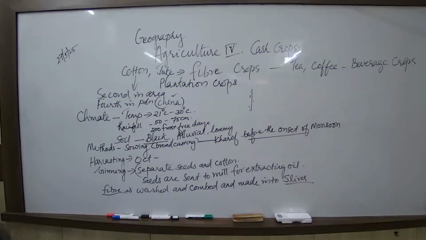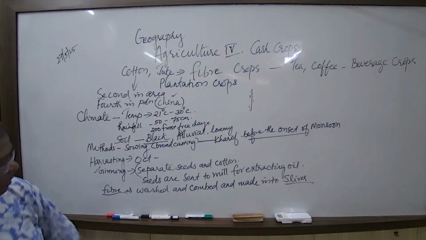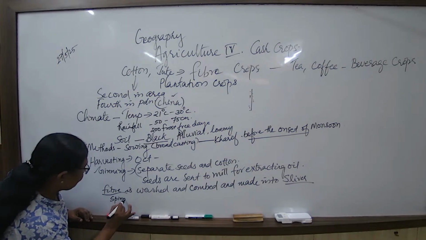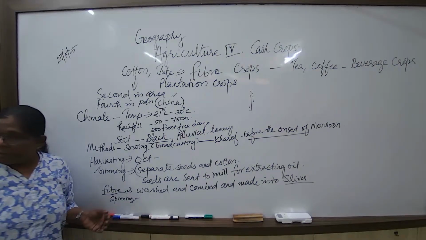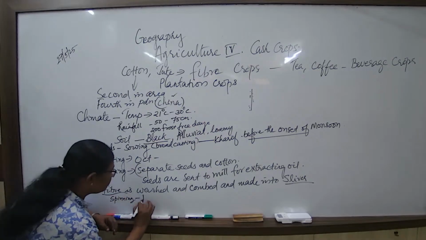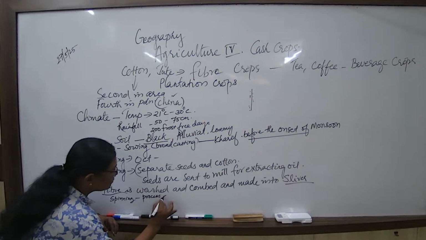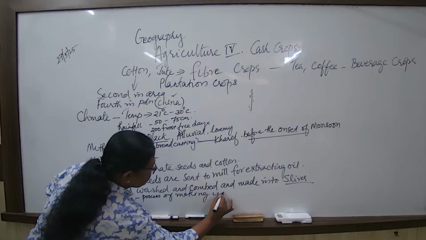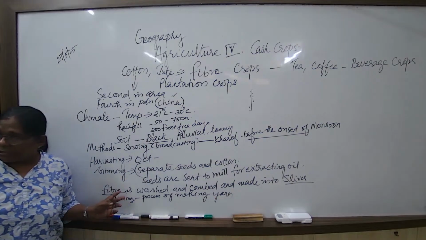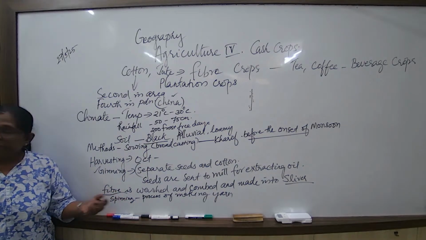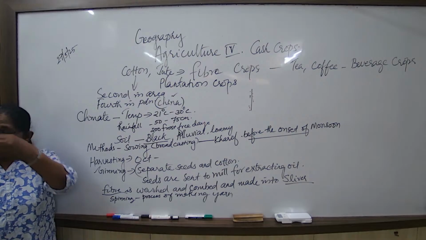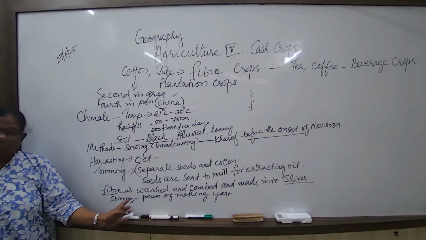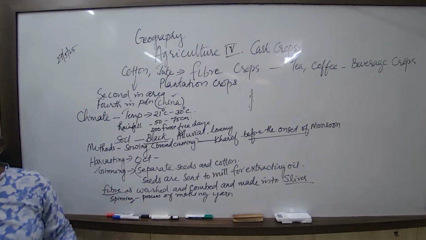Then the sliver is fed to the spindles to spin the cotton yarn. Spinning is the process of making yarn. So that is called the spinning process.